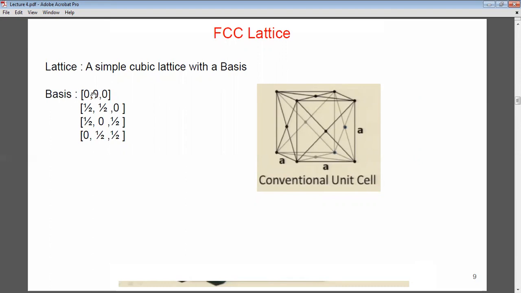Where is the basis? I have 1 point at 0, 0, 0 over here, 1 point at half, half, 0 over here, 1 at half, 0, half over here, and 1 at 0, half, half over here. All other points are equivalent to these points.